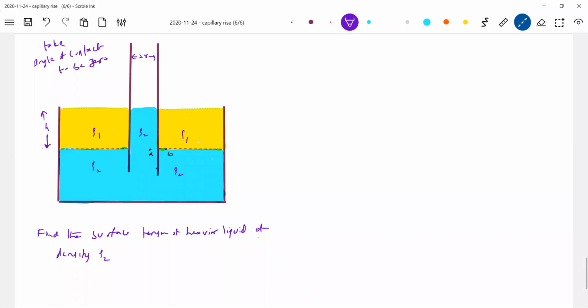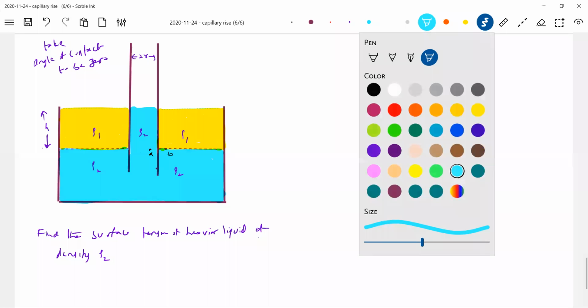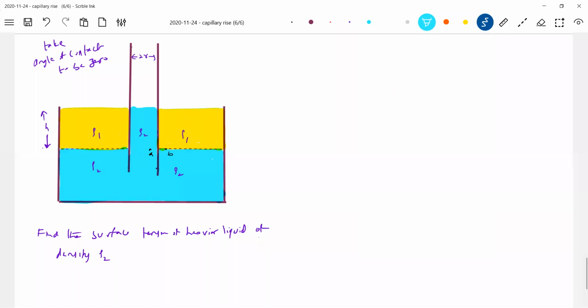I'm asking you to neglect the angle of contact. Some students are asking, sir, what about the angle of contact?